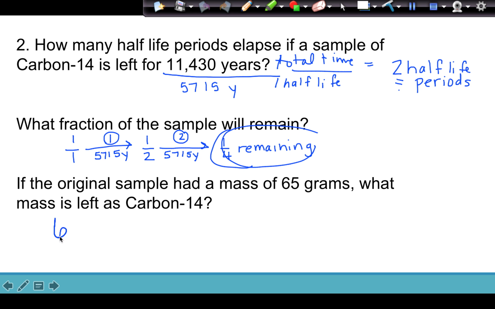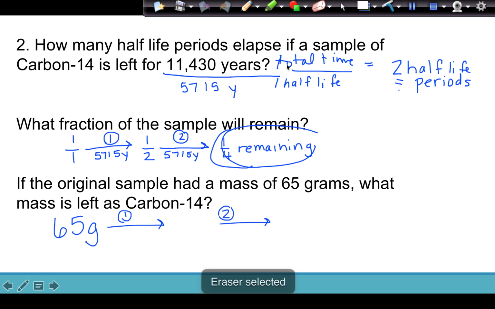So if the original sample had a mass of 65 grams, and we want to know how much remains as carbon-14 after that, we know, according to this problem, the amount of time that was allowed to go by was 2 half-life periods. We know that 5,715 years went by twice.